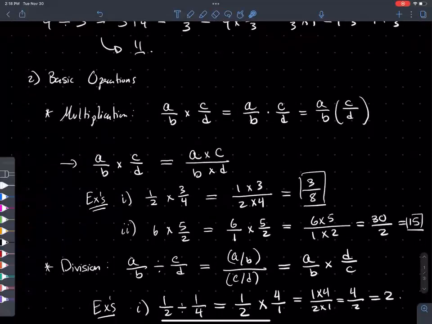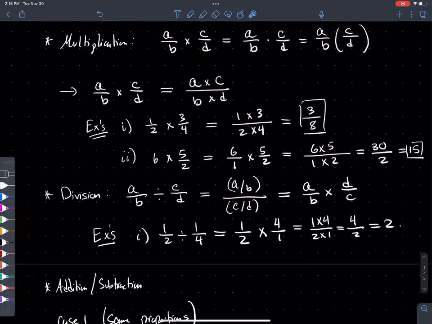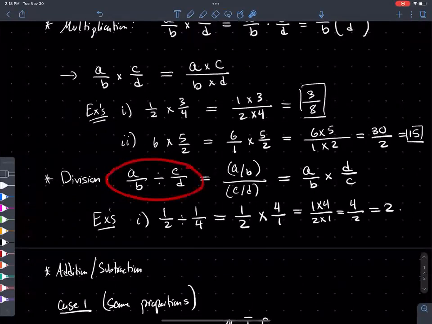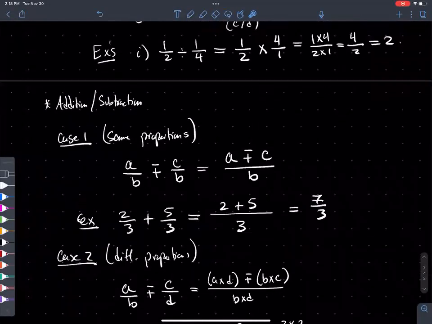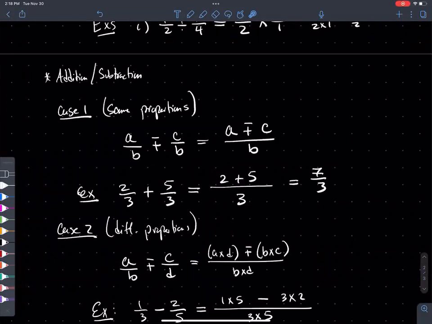The basic operations are multiplication, where it's done towards the side. You multiply top times top and bottom times bottom. We have division, where you multiply the first fraction times the reciprocal of the second one, so you have to flip it. And we also have addition and subtraction, where in the case where the proportions are the same, we just add or subtract whatever the numerators are.